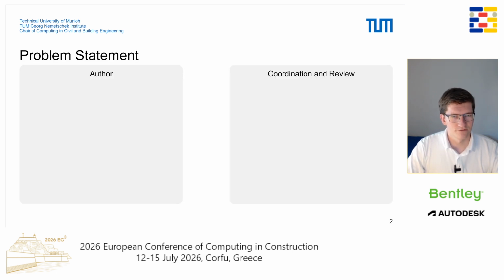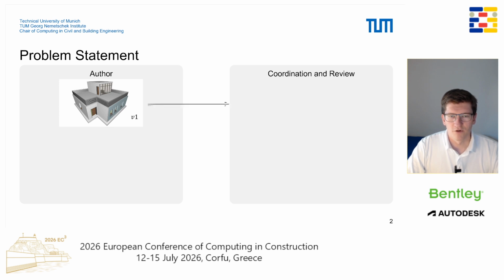We have looked into the workflow of BIM-based model checking, where we traditionally have a model author who creates a BIM model with established tools. Once the design has evolved to a specific state, the model is sent over for coordination and review to a BIM coordinator or respective role.